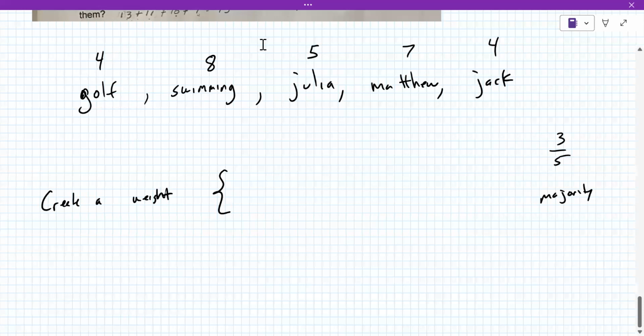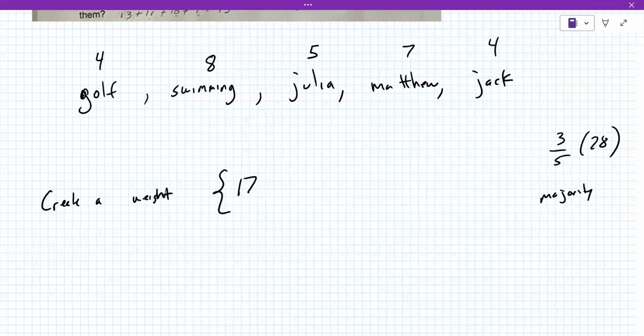So 4 + 8 + 5 + 7 + 4 ends up being 28. But we need 3/5 of that. So 3/5 of 28 ends up being 16.8. So we'll say 17.